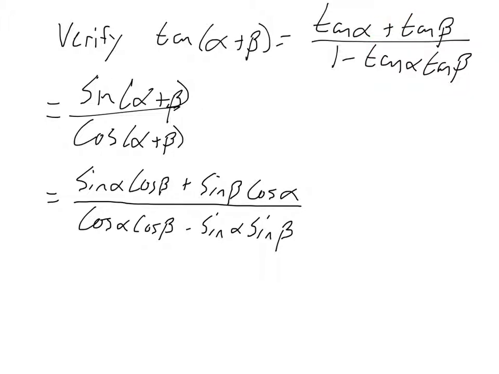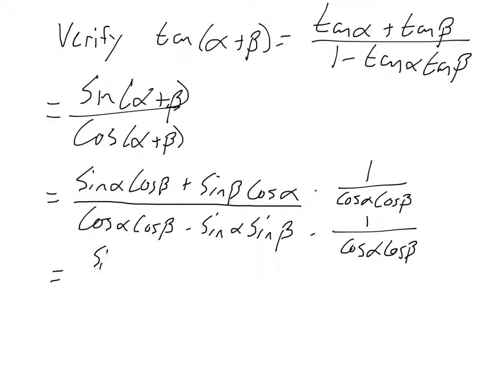So we're going to use a trick, which is to multiply the top and the bottom by 1 over cosine alpha cosine beta. Right? So if we go ahead and do that, we get sine alpha over cosine alpha and cosine beta over cosine beta.